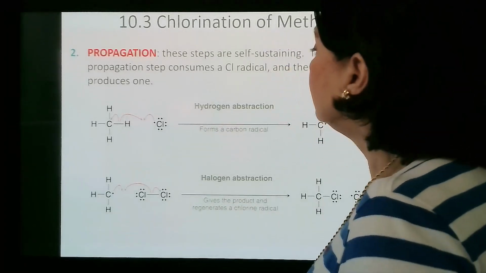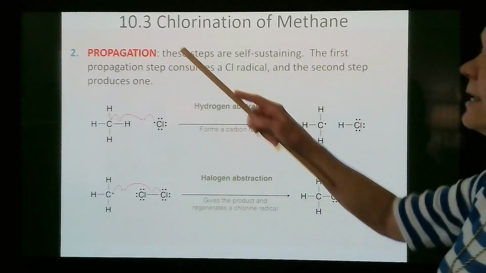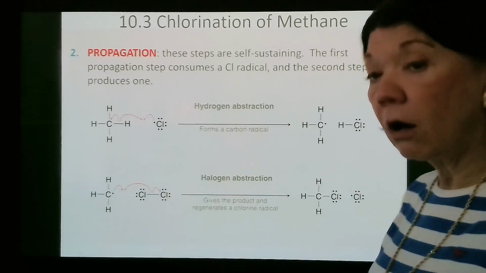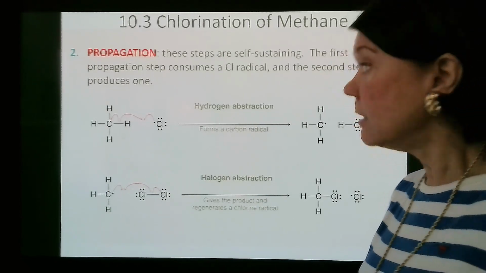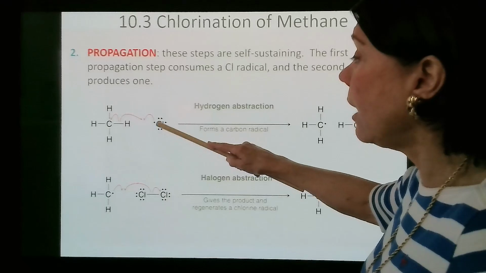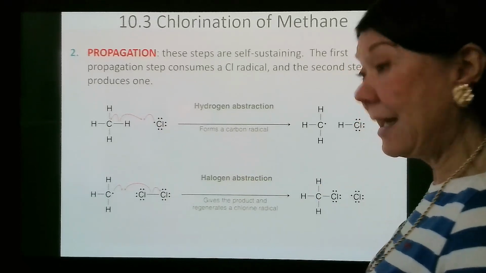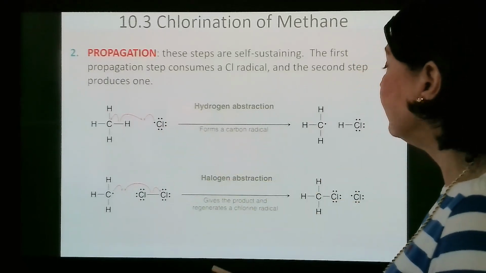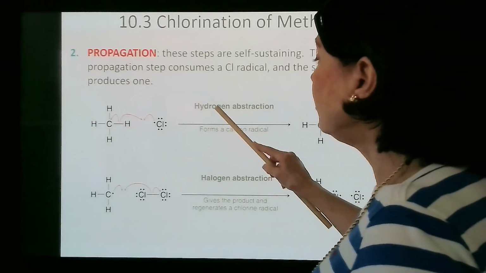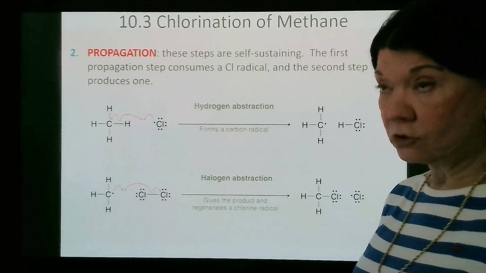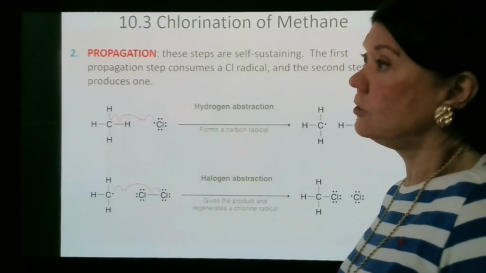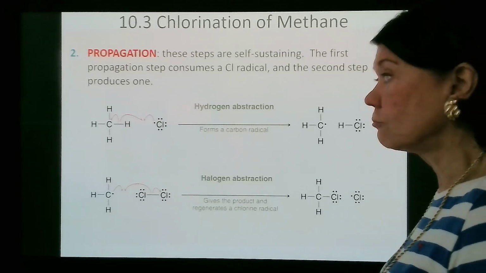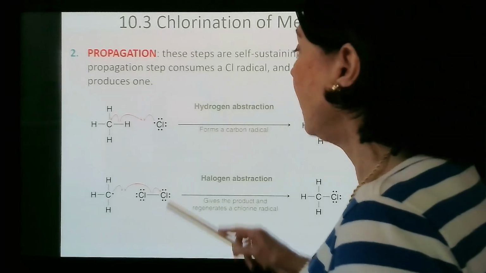And then next, you're going to have your propagation steps. These propagation steps will be the heart of the reaction. So you have generated the chlorine atoms, which are chlorine radicals. And so the first step is going to be a hydrogen abstraction. Remember that was number 3 in your group of 6 different reaction steps that you might have.